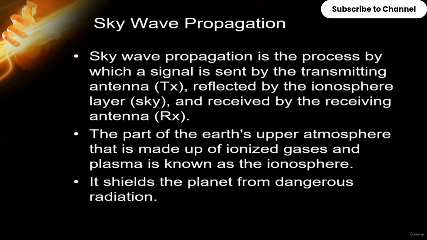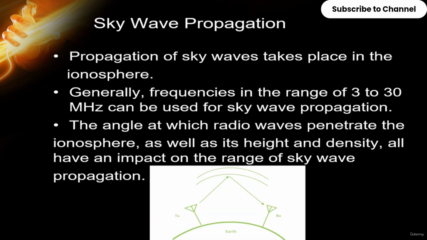The earth's atmosphere is made up of ionized gases, and the ionosphere also has plasmas, which cover our earth. If you see here, sky wave propagation takes place in the ionosphere layer. The frequencies range from 3 to 30 megahertz in sky wave propagation.